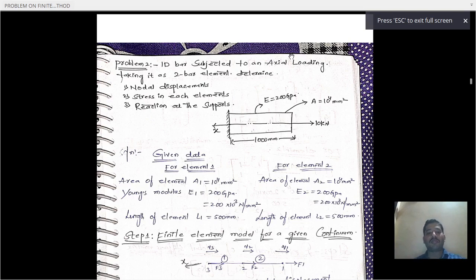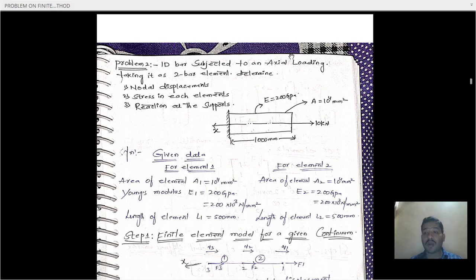The one-dimension bar subjected to an axial load. In this problem, the axial load is given as 10 kilonewton, acting at the free end. So taking it as a two-dimension bar element is telling about which dimension?